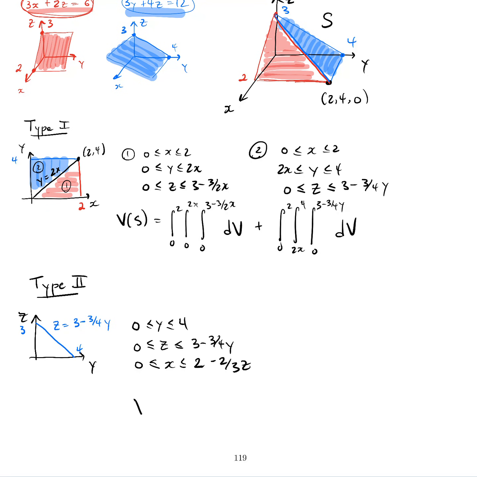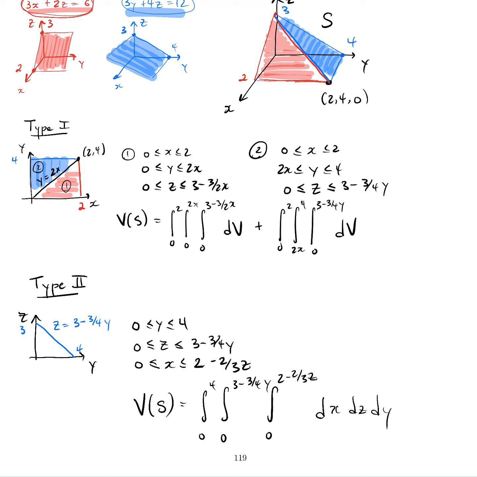And so now my volume as a triple integral is going to be the integral from 0 to 4, the integral from 0 to 3 minus 3 quarters y, the integral from 0 to 2 minus 2/3 z of 1 dv, and dv is dx dz dy.